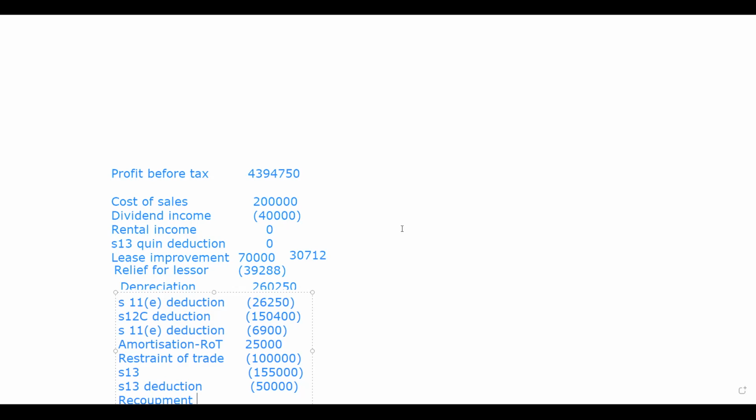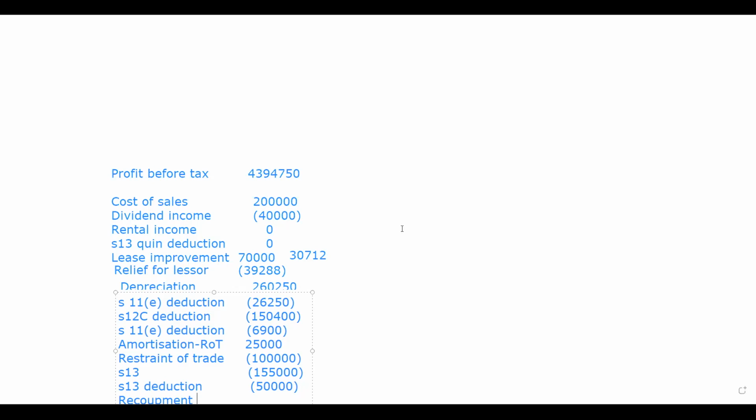So what's the allowances that you claimed for the building? It's everything. It's the 3.1 million, right? Then plus what?